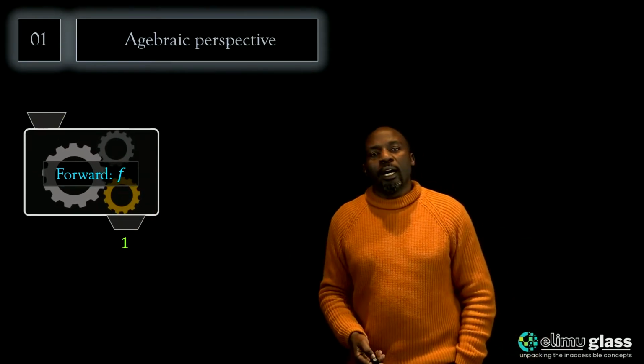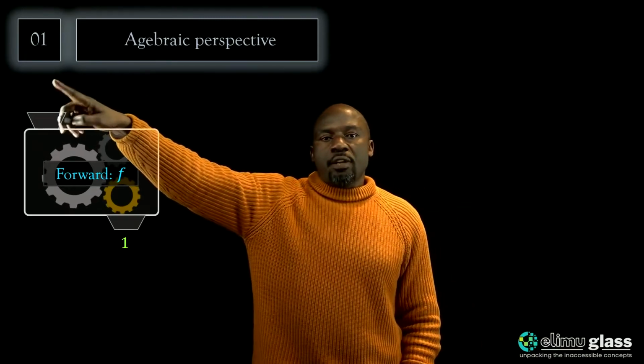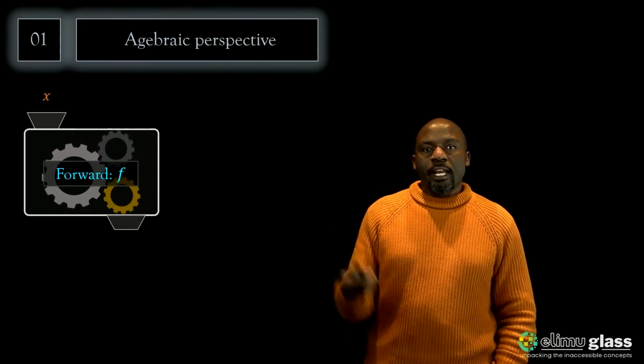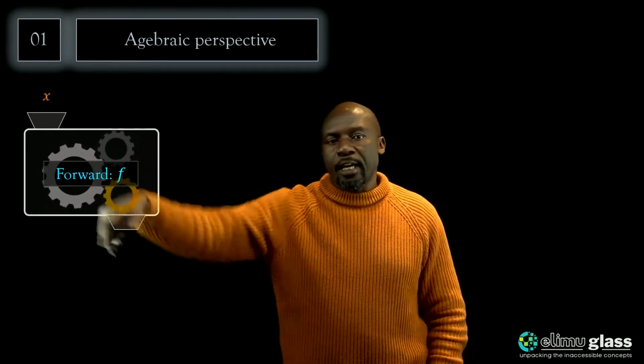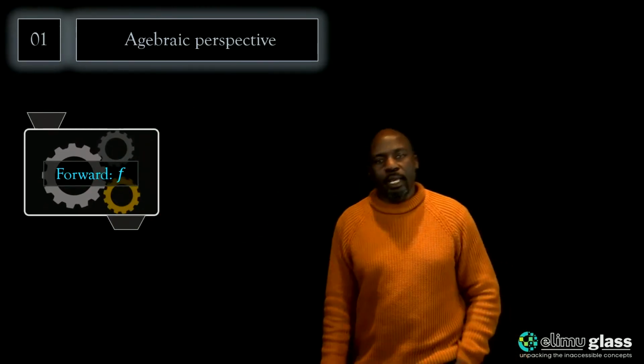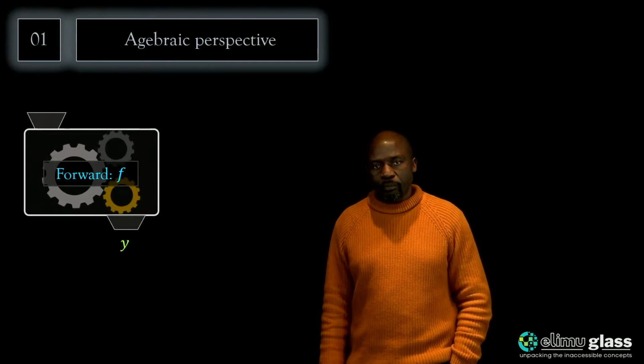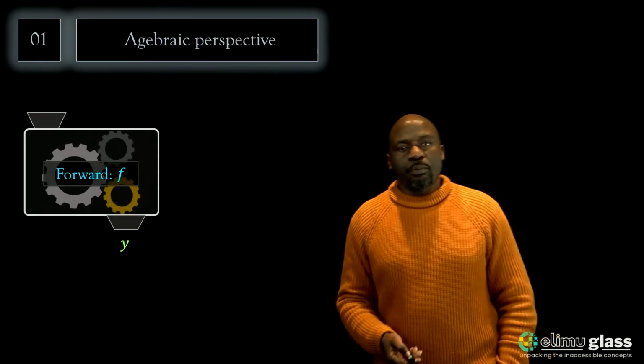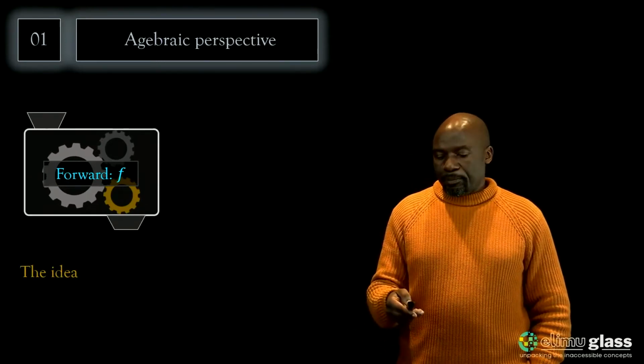So 2 is the input and 1 is the output. Similarly, if we put x in there, we expect to get a y, or f of x.